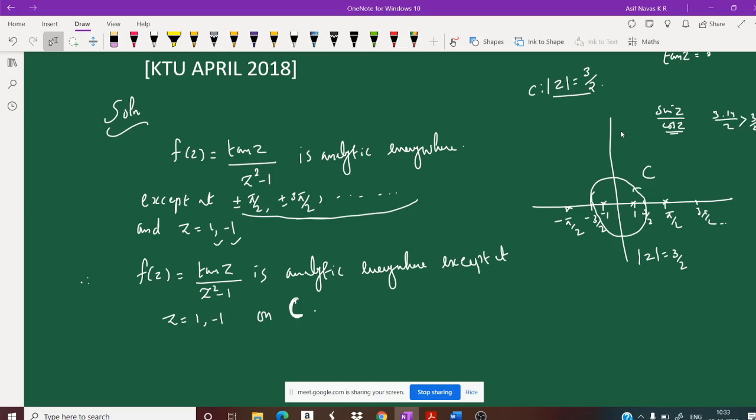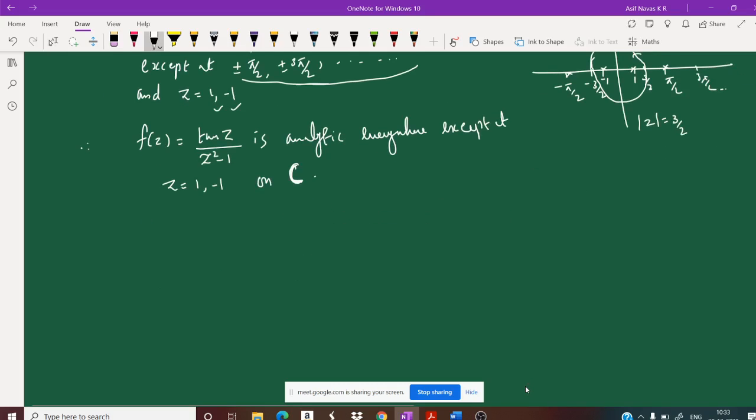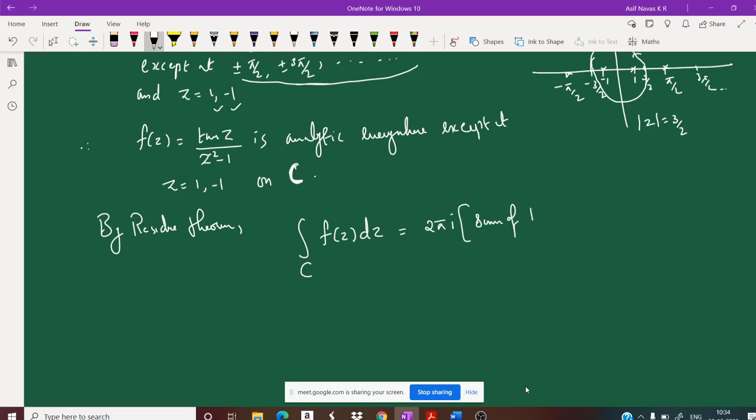Okay, now what does the residue theorem tell us? By the residue theorem, the integral over C of f of z dz is equal to 2 pi i times the sum of residues.